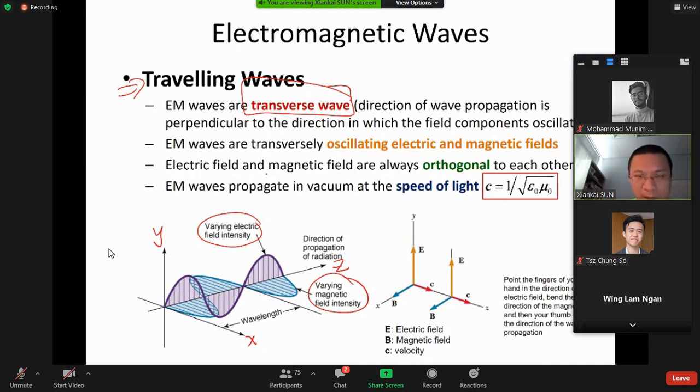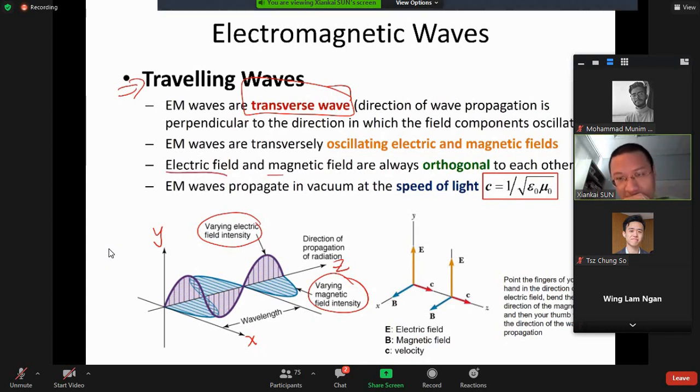Electric field and magnetic field are always orthogonal to each other. And in vacuum, electromagnetic waves always propagate at the speed of light, 1 over square root epsilon naught mu naught. Okay?